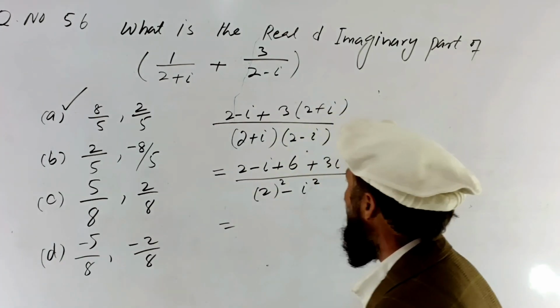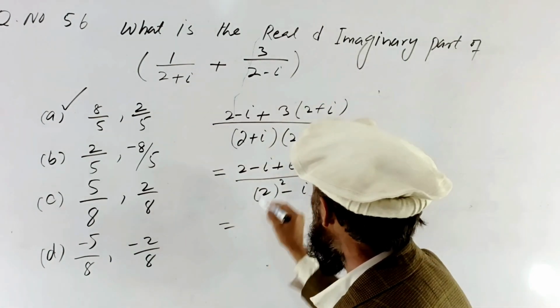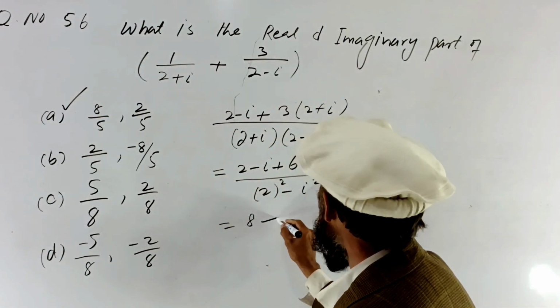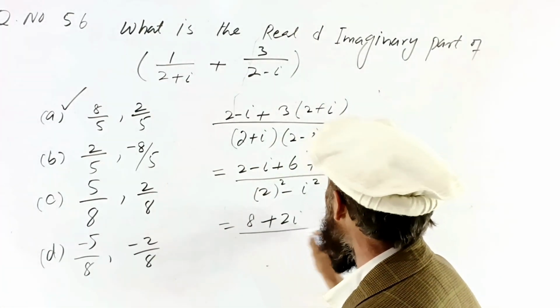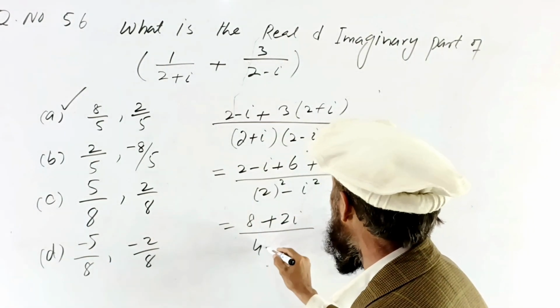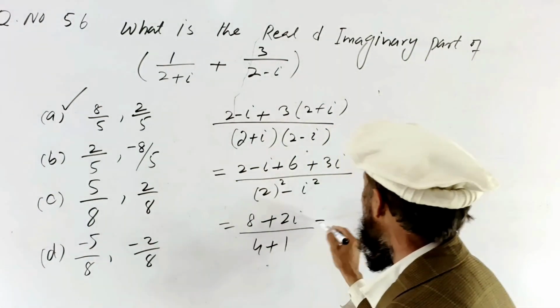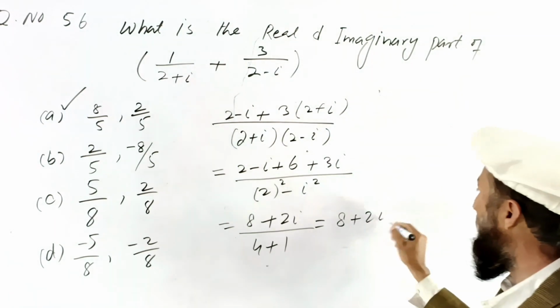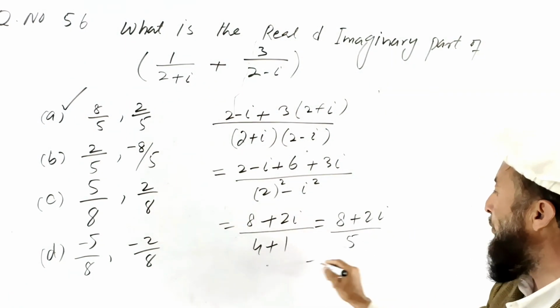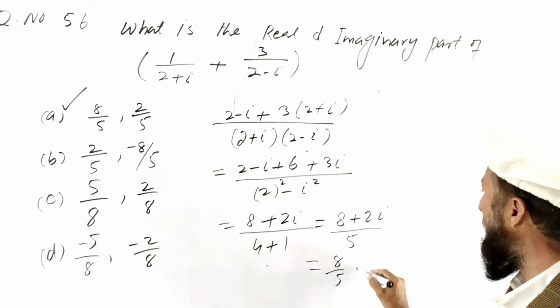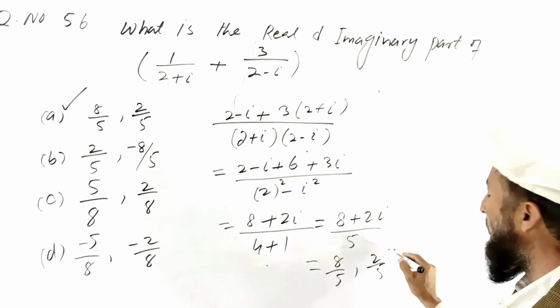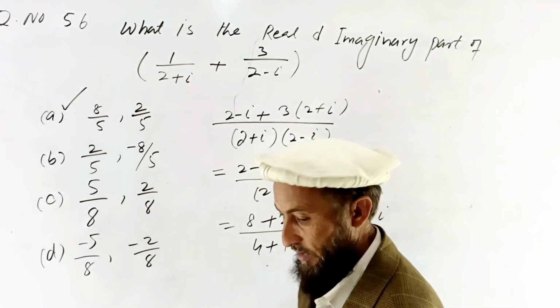So the result will be 2 plus 6 plus 2 iota divided by 4 plus 1, so 8 plus 2 iota divided by 5. That is 8 divided by 5 and 2 divided by 5. The correct answer is the first one.